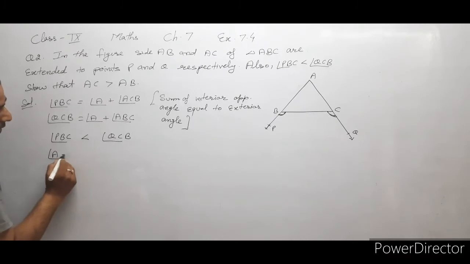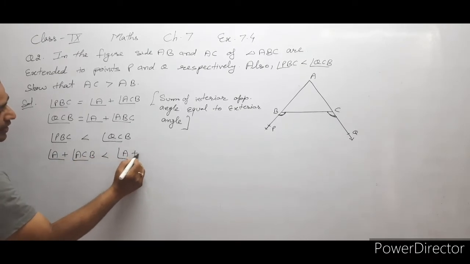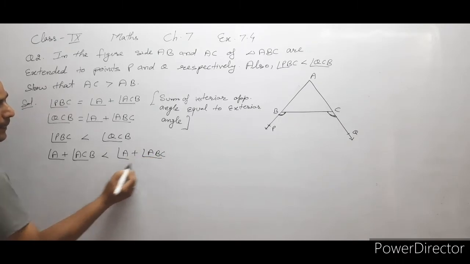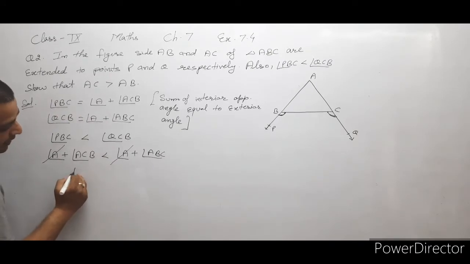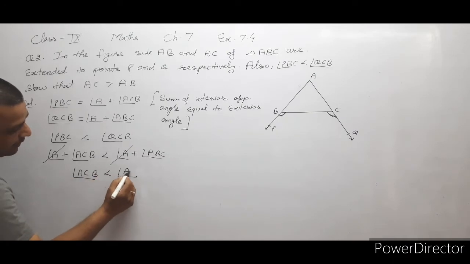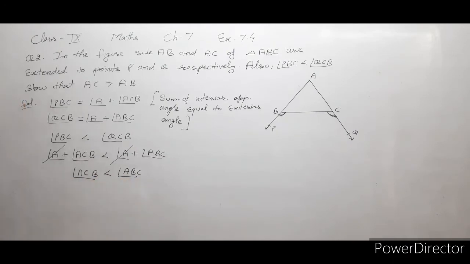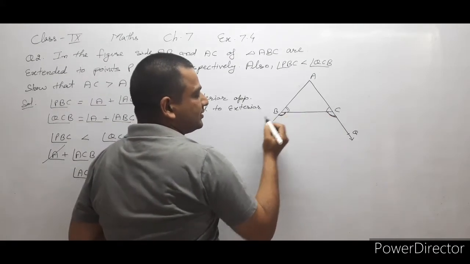That means angle A plus angle ACB is smaller than angle A plus angle ABC. If we cancel out angle A from both sides, then angle ACB is smaller than angle ABC. This angle is smaller than this angle.